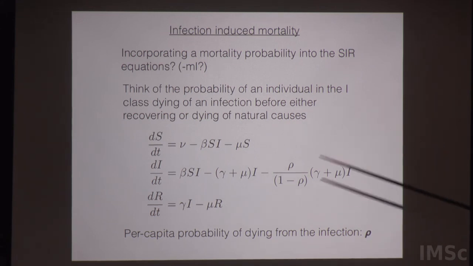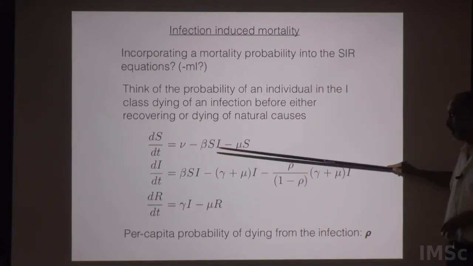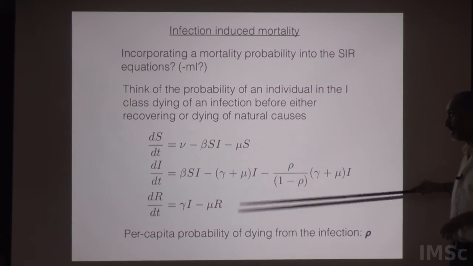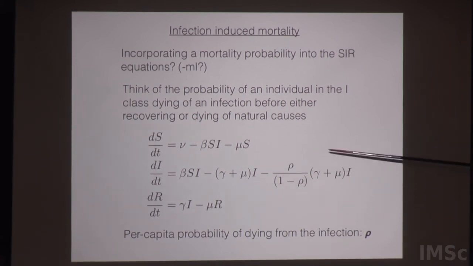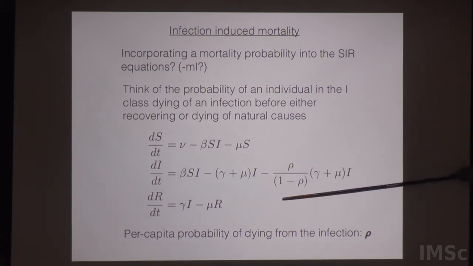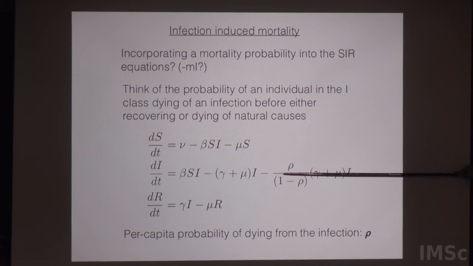So how would I write those equations again? dS/dt is people being born, people being infected, people dying here, and this last term here is the fraction of people that die from the infected class. That's why there is a minus sign here. If rho was 0, I could forget about this. There's no fraction at all that dies from here, and this just reduces to the standard SIR equation with demography.